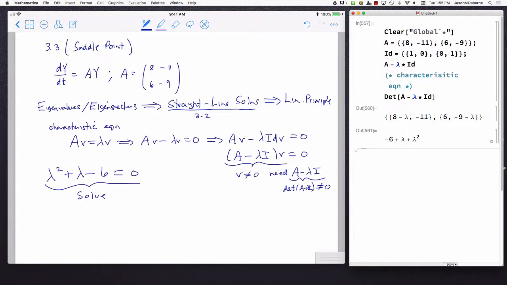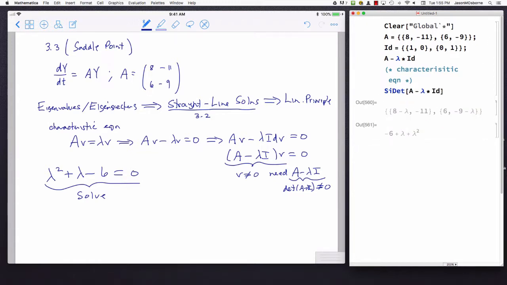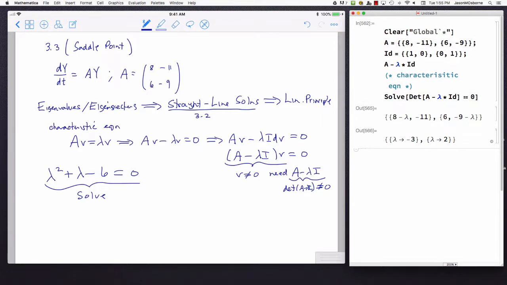You can use the quadratic formula or factoring, or you can ask a computer to solve it. Now we see that there come out to be two solutions: lambda is negative 3 and lambda is equal to 2. These are your eigenvalues.